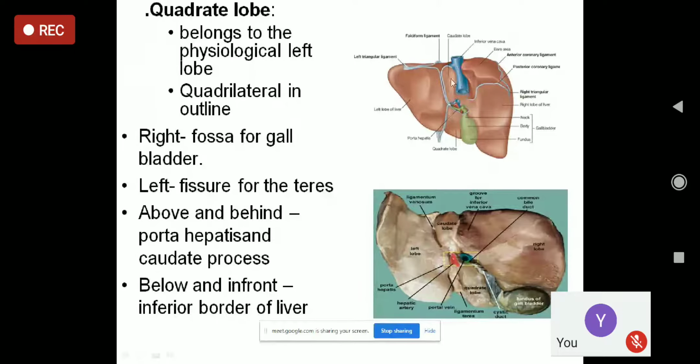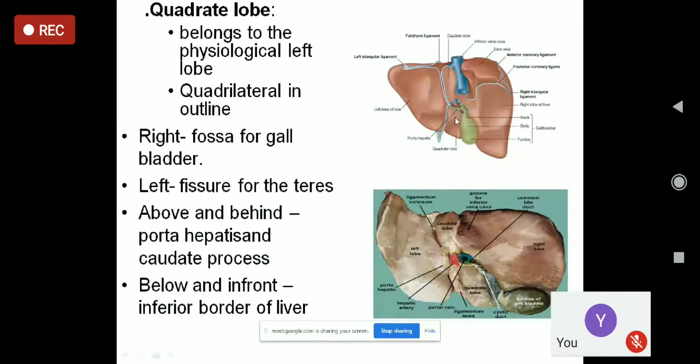Always remember, next to the inferior vena cava is the caudate lobe, whereas next to the gallbladder is the quadrate lobe. Most of the time students get confused. When we put the pin here, they say quadrate lobe, and when we put the pin elsewhere, they do vice versa. Don't confuse. You have to see the gallbladder and the inferior vena cava.